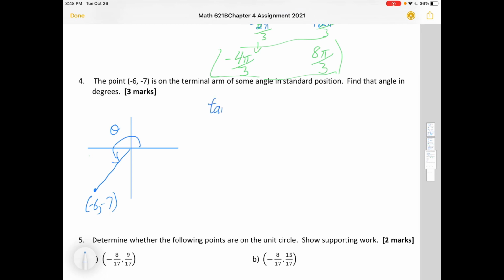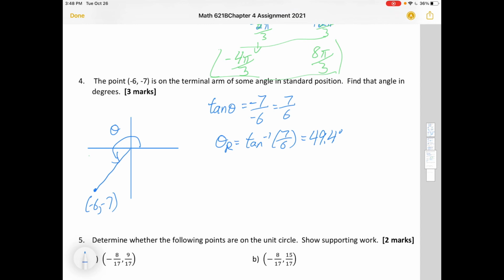I think the easiest thing to do here is to say that the tangent is just y over x, or 7/6, and then we can find the reference angle easily. The inverse tan of 7/6. If we do this in our calculator, and we have our calculator in degree mode, we'll get 49.4 degrees.